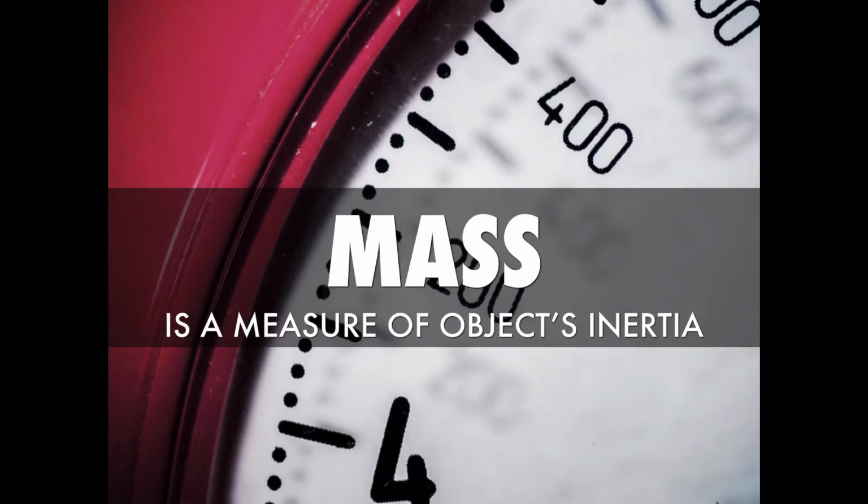The same net force acting on two different objects causes a smaller acceleration on the object with greater mass. Mass is a measure of an object's inertia, the amount of resistance to change in velocity. Newton's second law serves as our definition of mass.